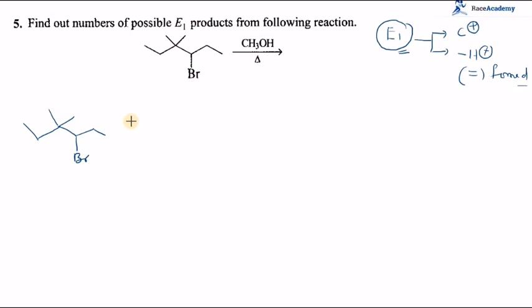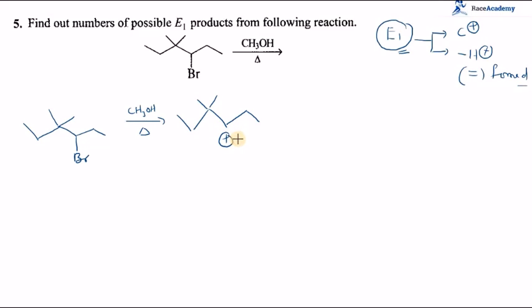So first when it is treated with methyl alcohol CH3OH, what are the possibilities of getting the carbocation? We will see. First, what kind of carbocation is possible? Here once bromine is removed as bromide, there will be a formation of carbocation.